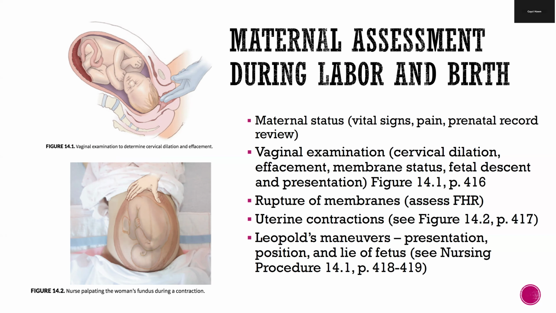So, during labor, there are different techniques to use to assess maternal status. Those techniques provide an ongoing source of data to determine the client's response and progress in labor. So, when we assess the maternal status, we're looking at the vital signs. That includes temperature, blood pressure, pulse, respiratory rate, and pain, and oxygen saturation.